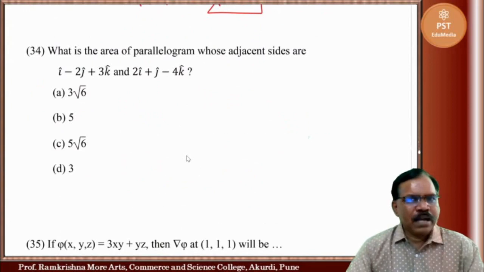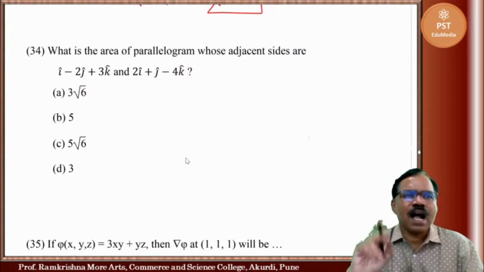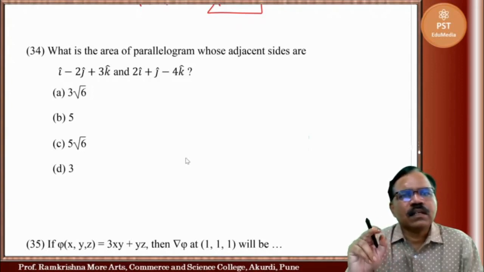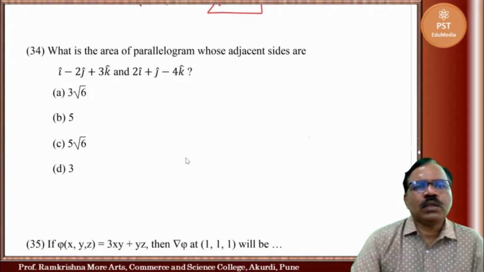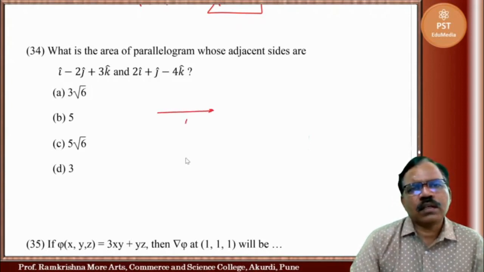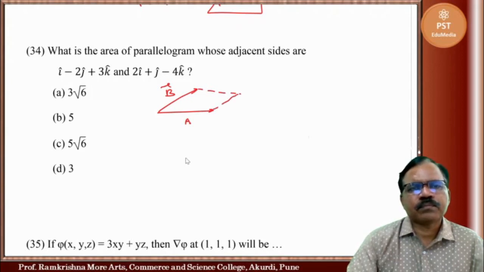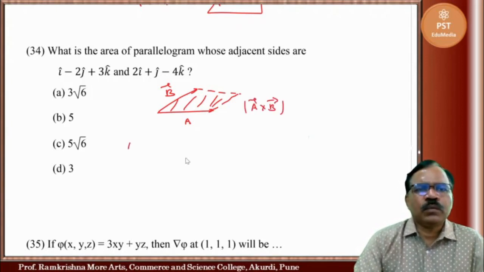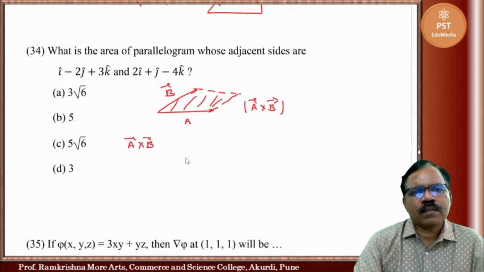Now what is the area of parallelogram whose adjacent sides are i minus 2j plus 3k and 2i plus j minus 4k? So here suppose A and B are two vectors, they form the parallelogram, and area of this parallelogram is the magnitude of A cross B. So we can find A cross B is equal to the determinant of i j k.